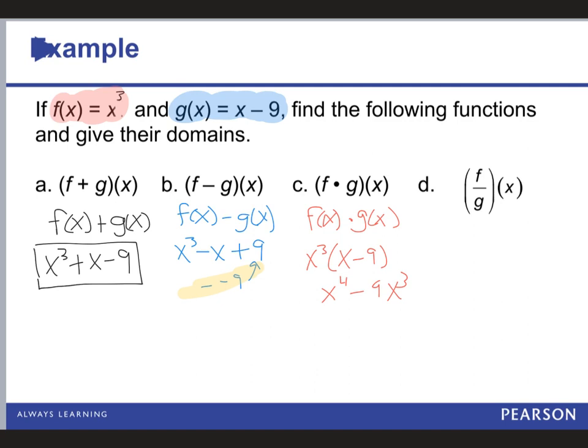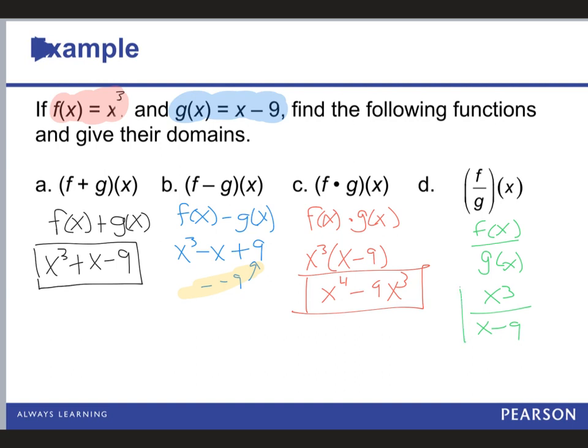There we go. All right. The last example is the quotient. So I'm going to be dividing f of x by g of x. And f of x is x cubed, and g of x is x minus 9.